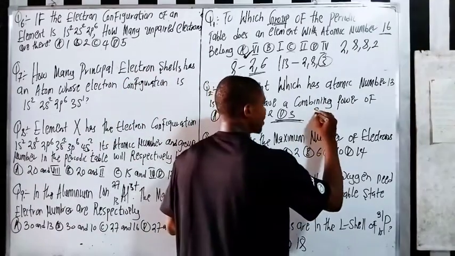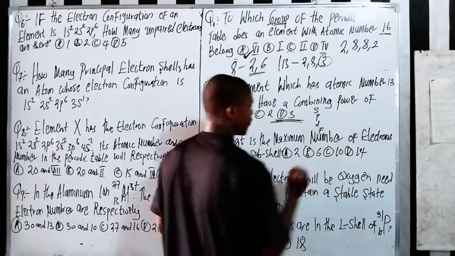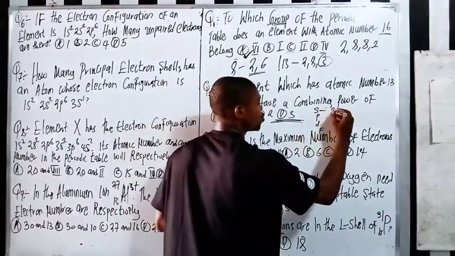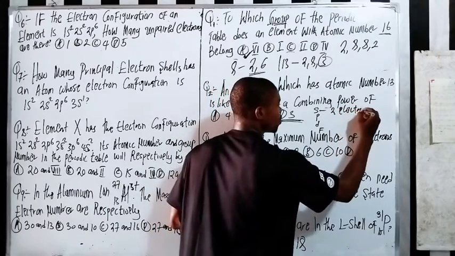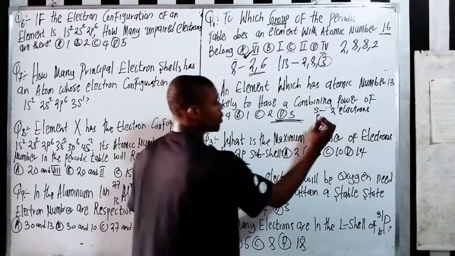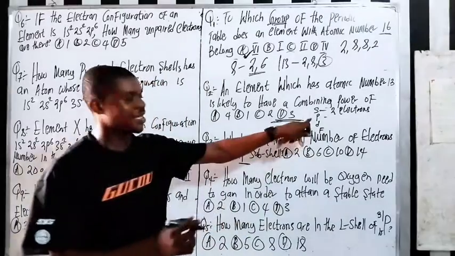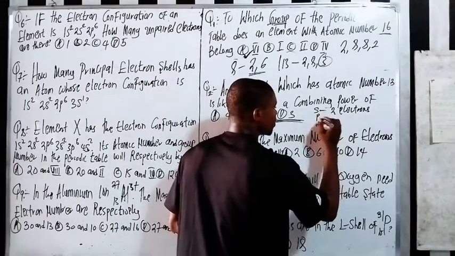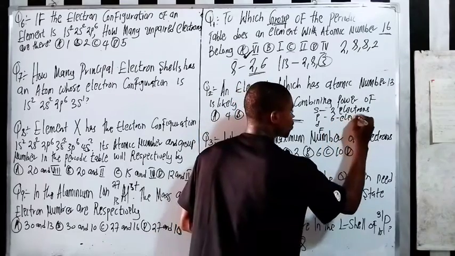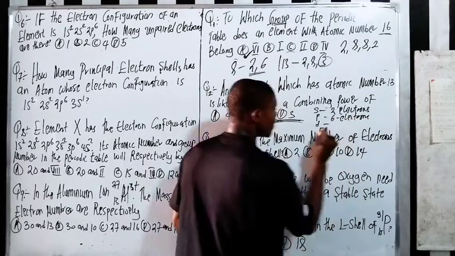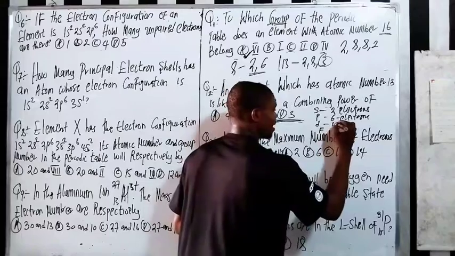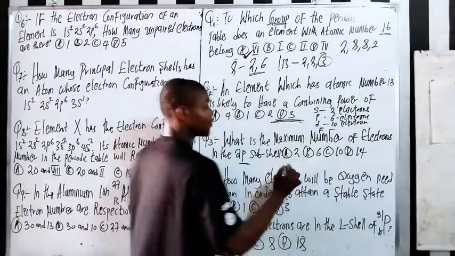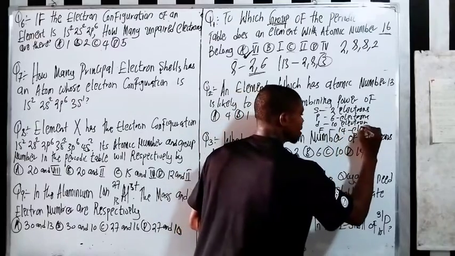The maximum number of electrons in s is 2 electrons, in the p orbital is 6 electrons, in d is 10 electrons, and in f is 14 electrons.